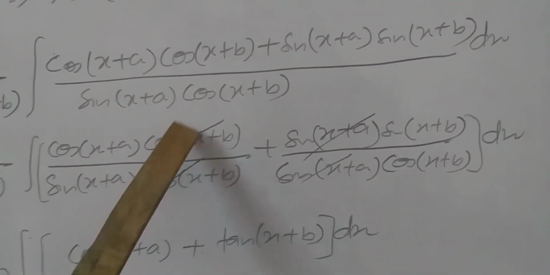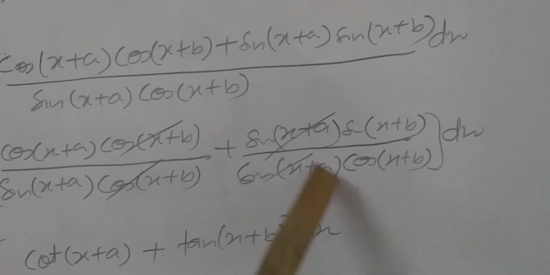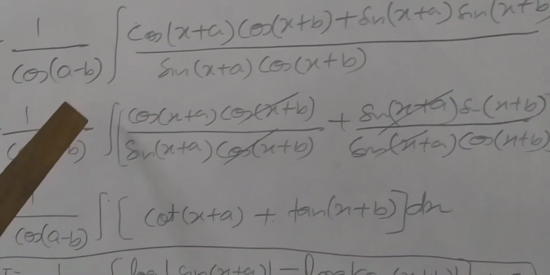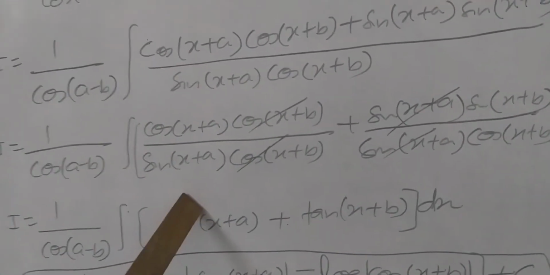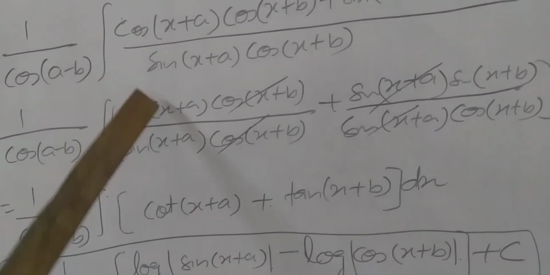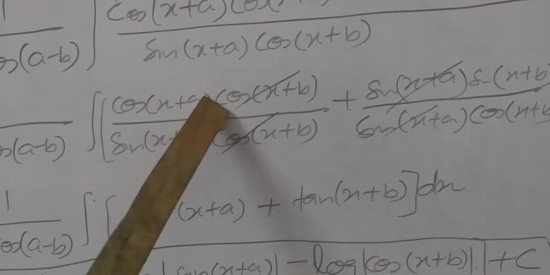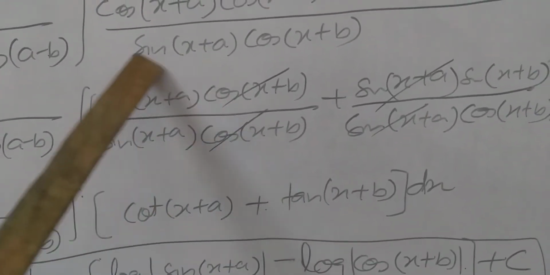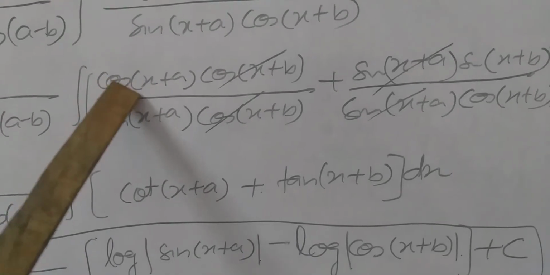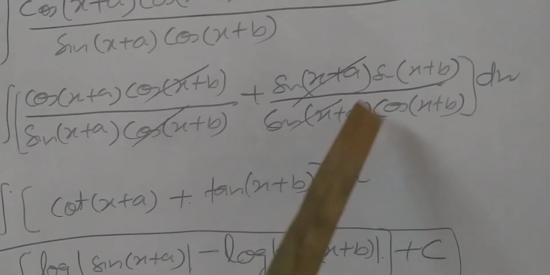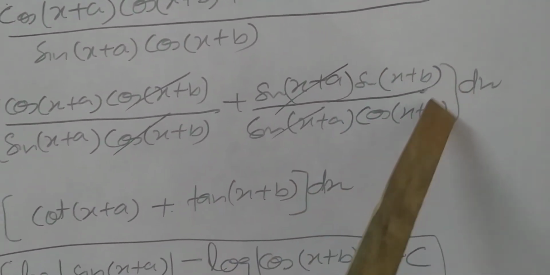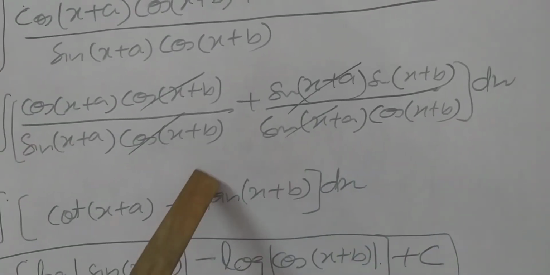Cos x plus b cancels, sin x plus a cancels. So it will be cos upon sin, meaning cot. So cos x plus a upon sin x plus a equals cot x plus a, plus sin x plus b upon cos x plus b, which is tan x plus b.